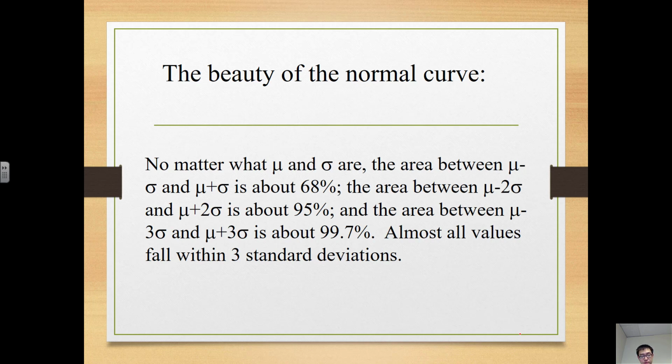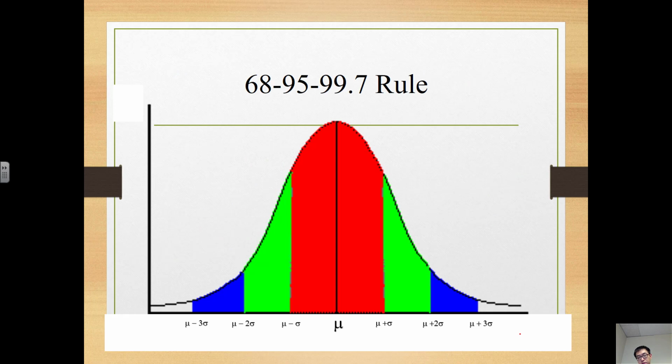The area between mu minus 3 sigma and mu plus 3 sigma is about 99.7%. So almost all values fall within 3 standard deviations. So this graph tells you the empirical rule, which is also called the 68, 95, 99.7 rule. Okay, you got it.